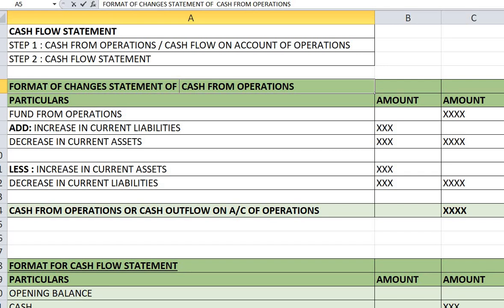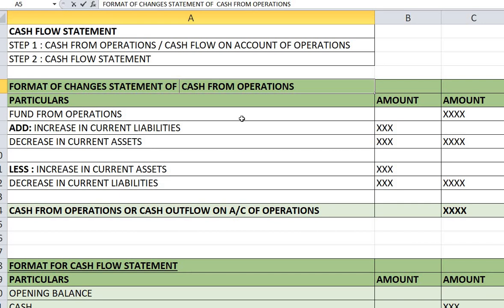Sometimes in a cash flow statement question, fund from operation will be given directly. In that case, you can just take it and post it in the amount column. If it is not given and it's a comprehensive problem, then you have to find fund from operation according to the steps which we had already discussed.